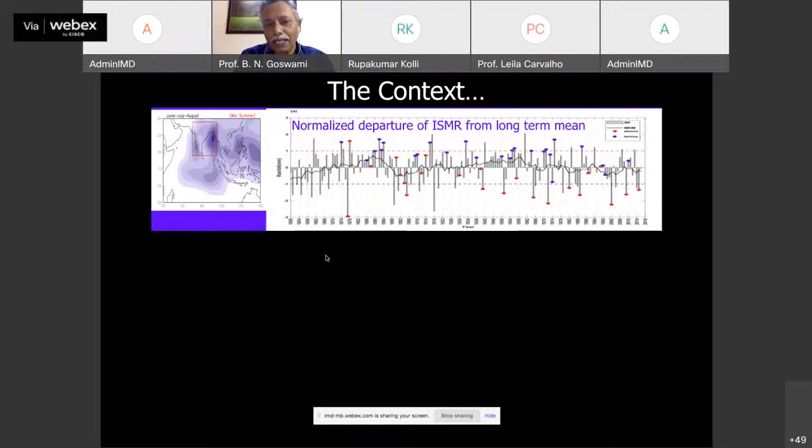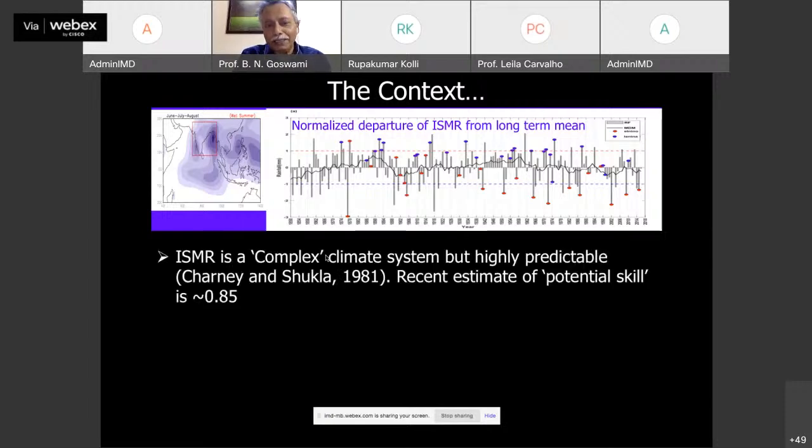As we know, the Indian monsoon is a very complex system. It has several different variabilities, from biennial oscillations to multi-decadal oscillations. Association with El Nino is quite well known. It is also known from predictability studies by Chang and Shukla that it is considered a highly predictable system, and its potential predictability scale has been estimated to be about 0.85.